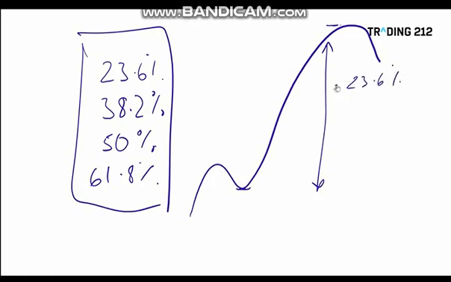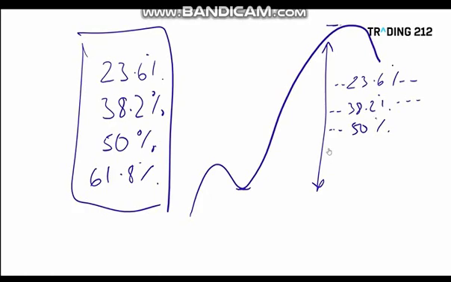23.6% of that move is the first Fibonacci retracement level. So they'll look to see if the market holds there. If the market breaks, the next level they'll look at is 38.2%. If it breaks that level, they'll look to see if the market holds at the 50% level, when it's dropped back 50% of that rise.